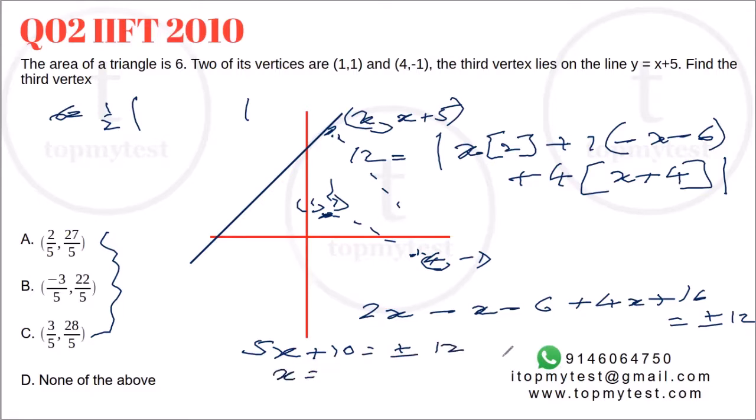So x can be minus 12 minus 10, which is minus 22 by 5, or if you take positive 12, it will be 12 minus 10, 2 by 5. So either minus 22 by 5 or 2 by 5. This one satisfies. Option A will be our correct choice. Just be a little patient, apply the triangle relation, job done.